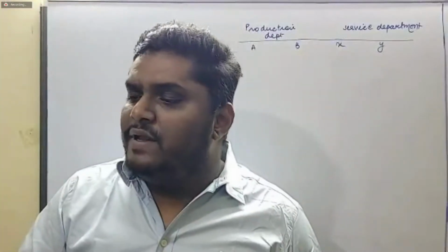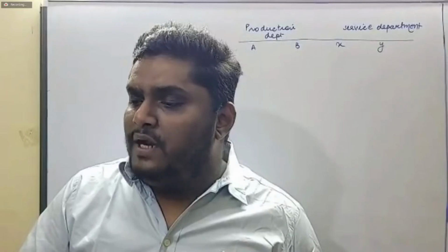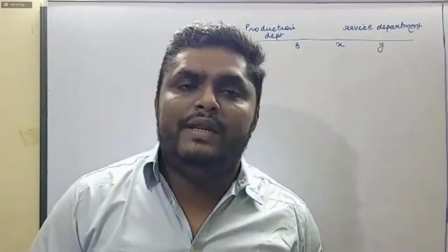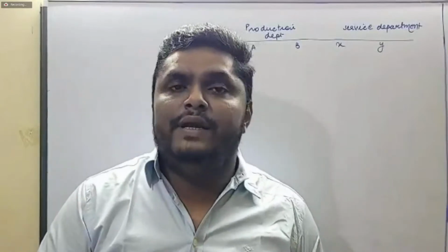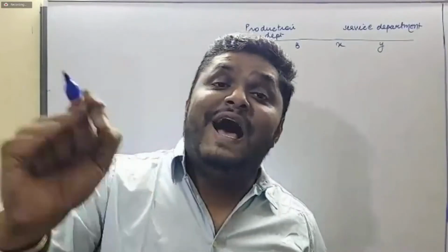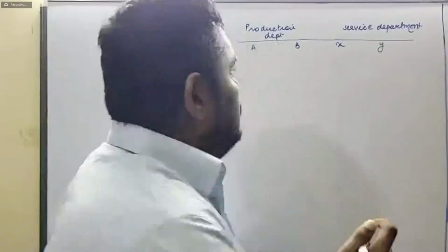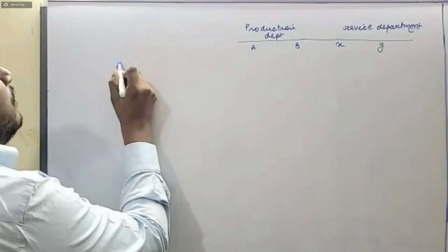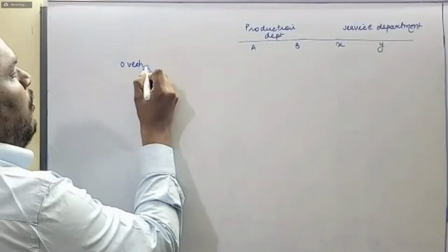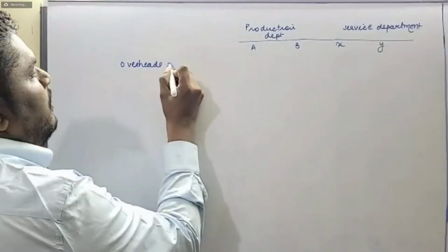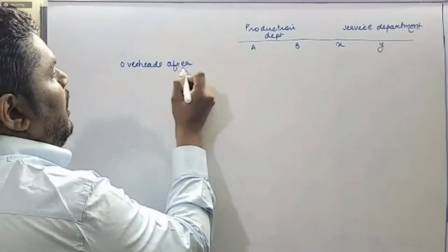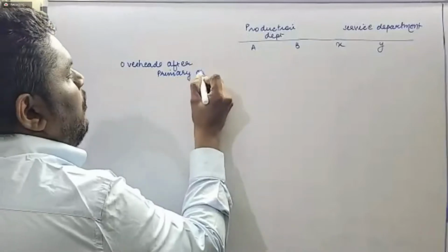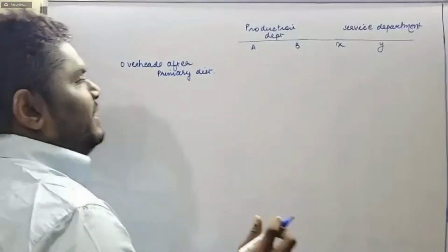Now the overheads are given, that is of production departments A and B, 3 lakh and 3,20,000. This is after primary distribution. So we can write overheads after primary distribution.